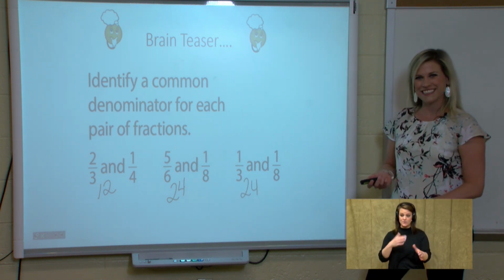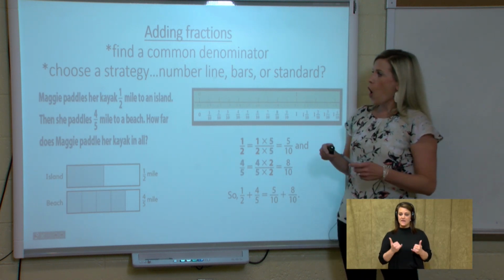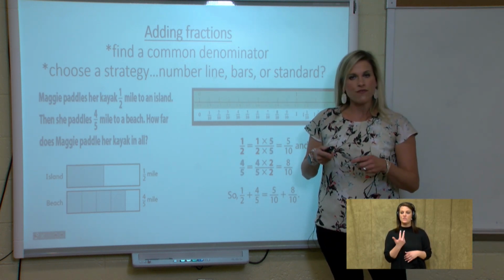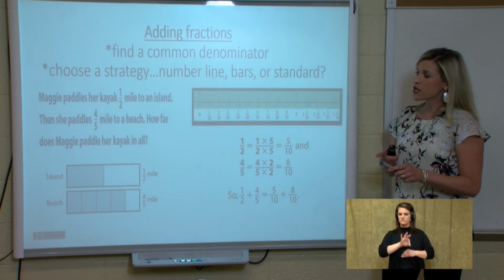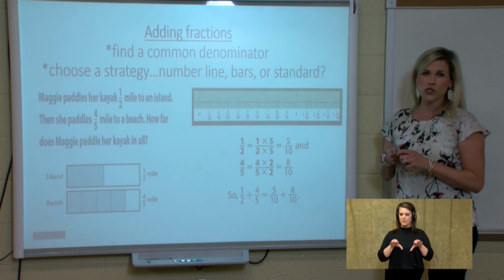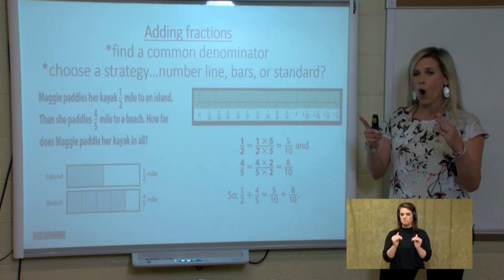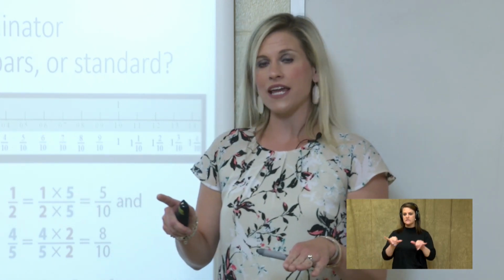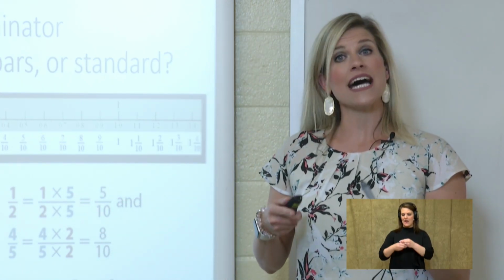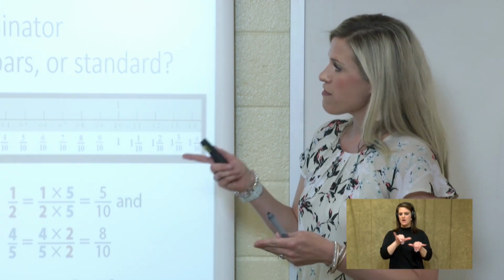Pretty good? Okay. All right, now, here are our 3 strategies for adding fractions that I want to review with you today. Remember, no matter what we do, whether we choose to work on a number line, whether we choose to look at bar models, or do the standard way of adding fractions, we need to find a common denominator no matter what. So let's look at the first problem.